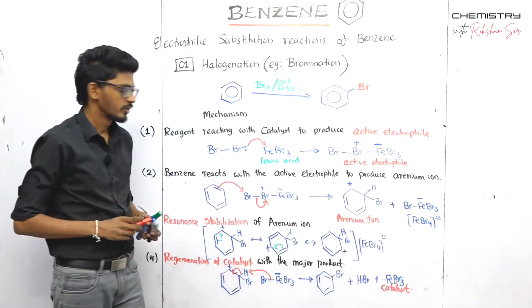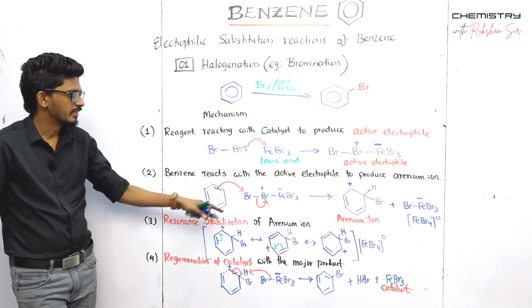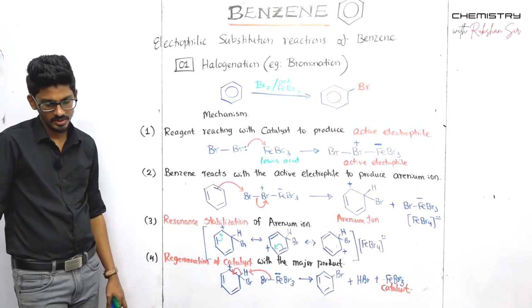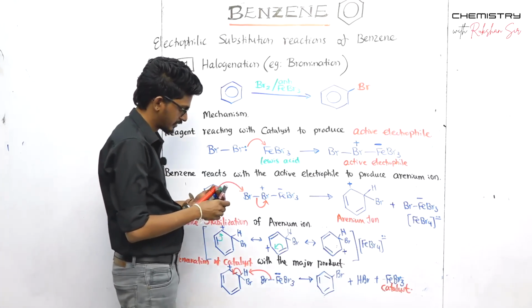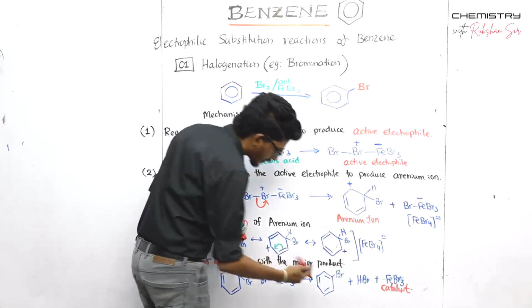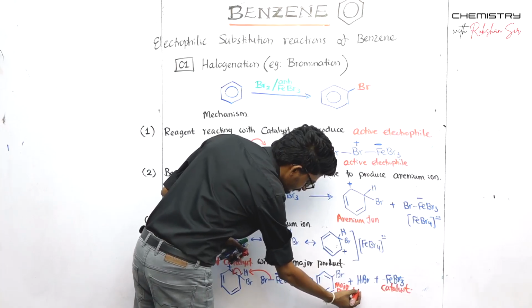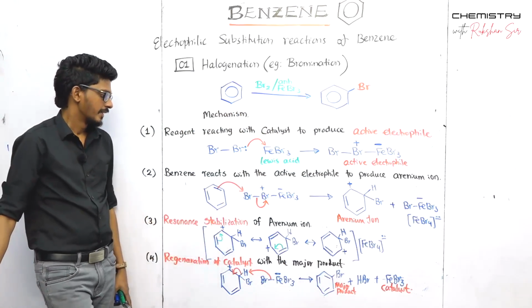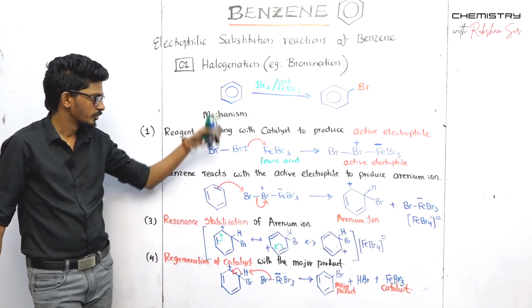That is your mechanism. The major product and the catalyst are formed. This is your major product. That is how the bromination occurs.